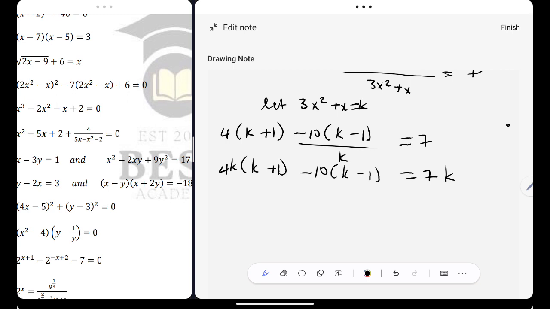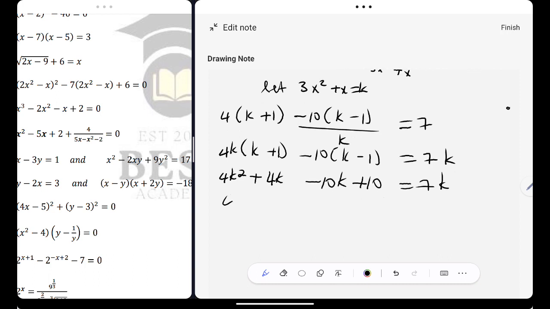After doing that, now I must remove brackets. 4k times k is 4k squared plus 4k. This is equal to 10k minus 10, and 7k, like this. And then I'll have 4k squared minus 6k, because a negative 10 plus 4 plus 4 will give me negative 6. Then I'll have 10 here.